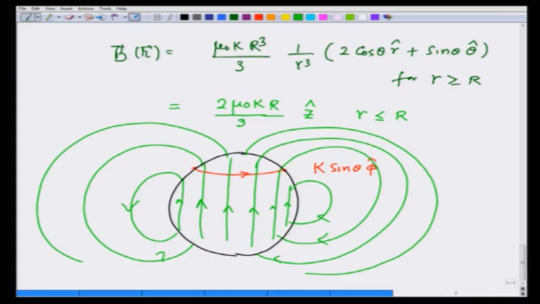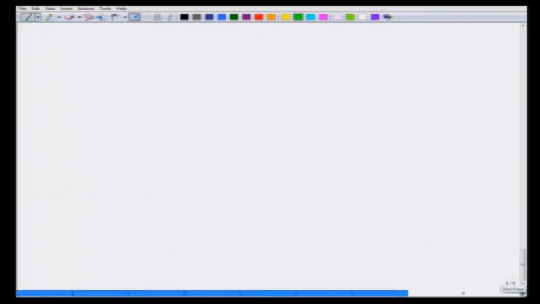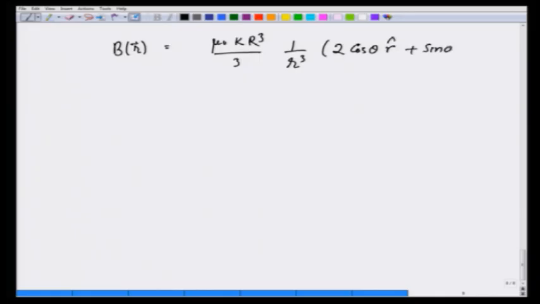Let me, before I finish this lecture, show you that outside field is really a magnetic dipole field. For that, let us write this B again. B(r) is mu naught K R cubed over 3, 1 over r cubed, 2 cosine theta r unit vector plus sin theta theta unit vector.